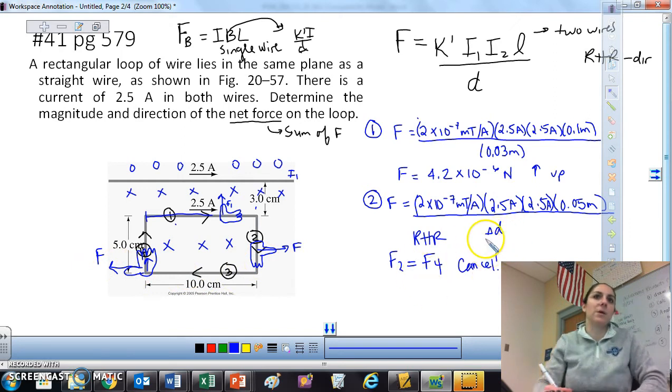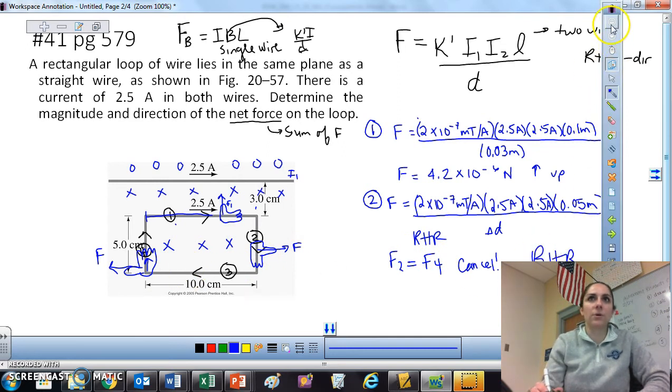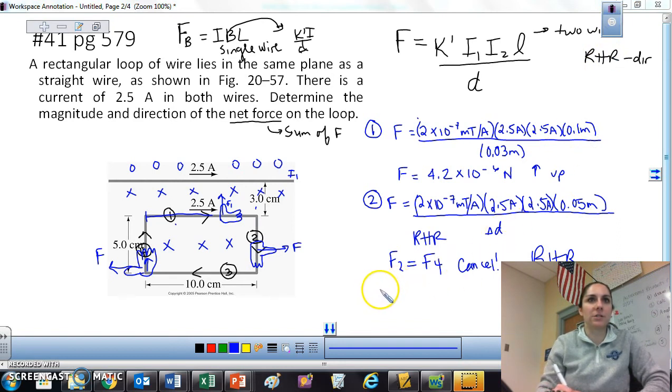They'll cancel out. So the moral of the story is this is actually difficult to solve because of the changing distance, so we're not going to worry about finding that, saying instead that these two forces cancel out. The way I did that is using the right-hand rule. So technically just segment 3 is what we're going to care about.